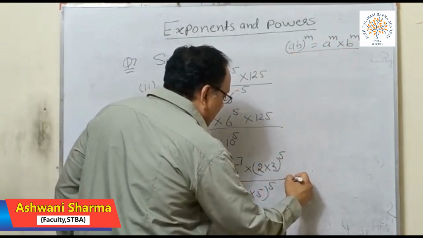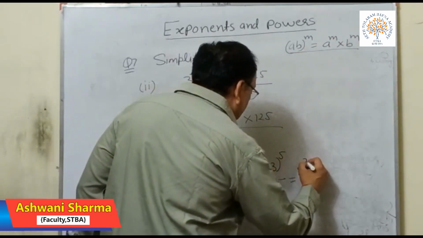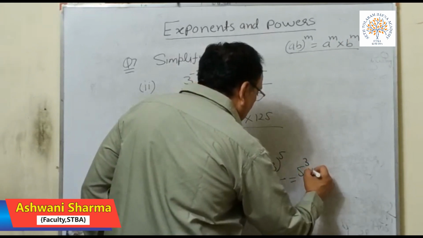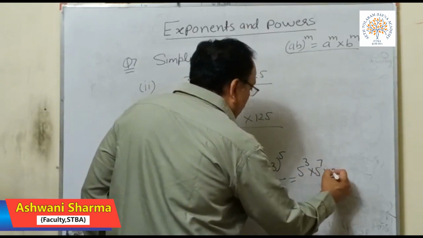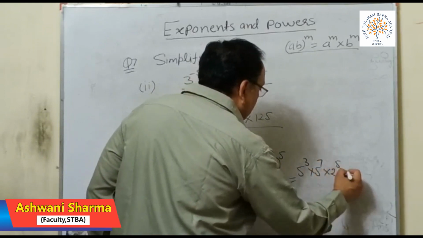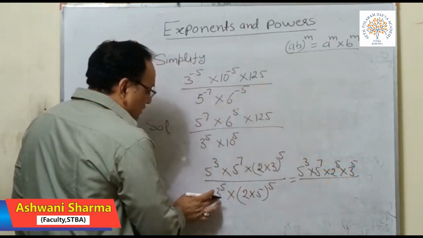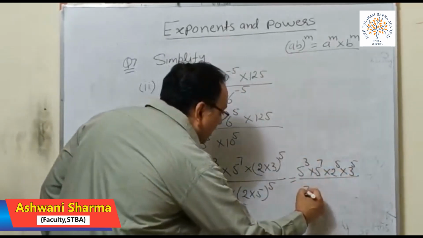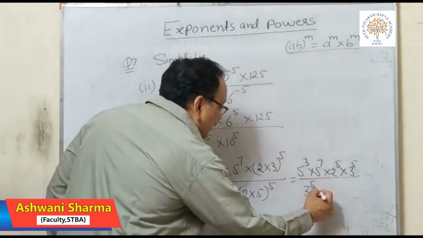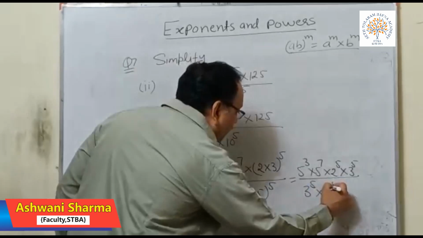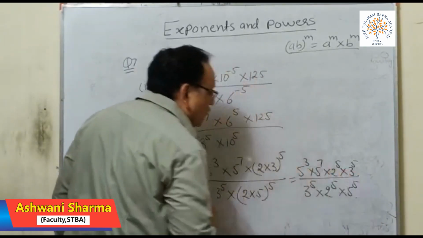So I write here 5 raised to the power 3 into 5 raised to the power 7 into 2 raised to the power 5 into 3 raised to the power 5 upon 3 raised to the power 5 into 2 raised to the power 5 into 5 raised to the power 5.